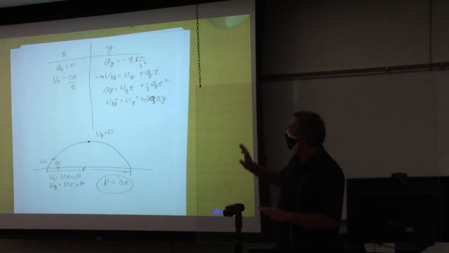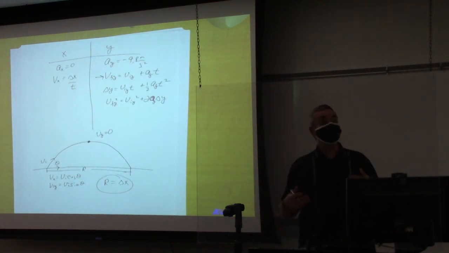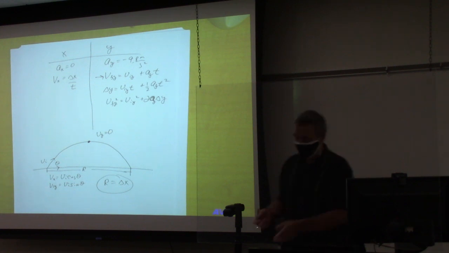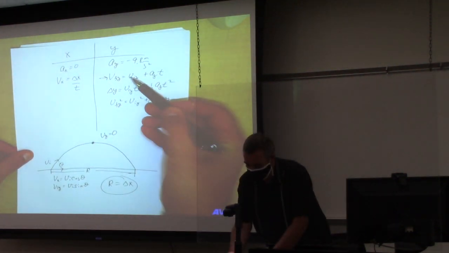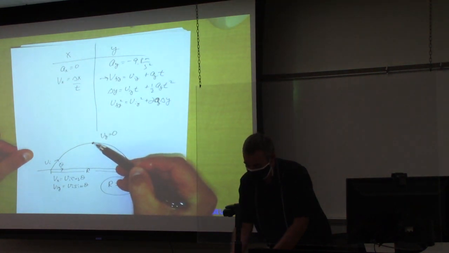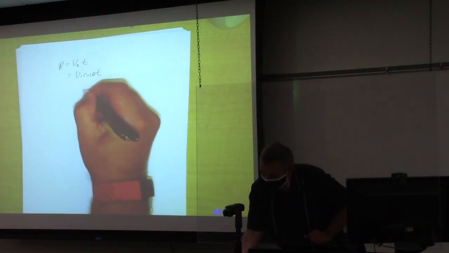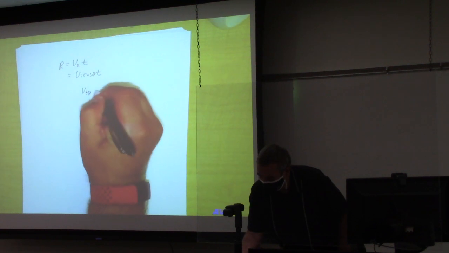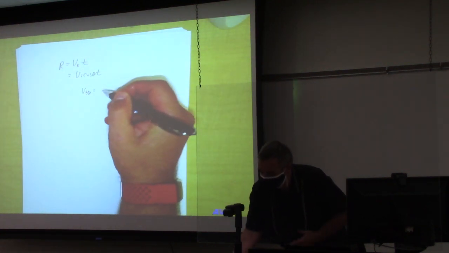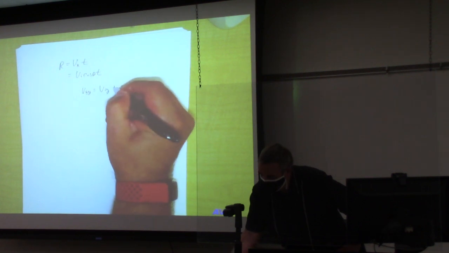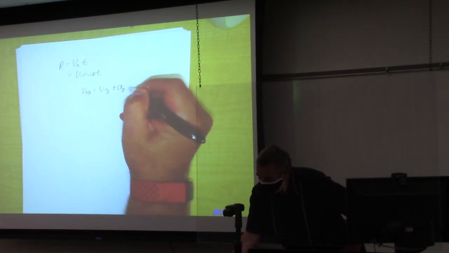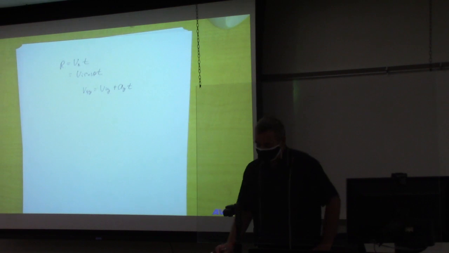You're not going to have to do what I'm doing now every time. I'm just showing you where this equation comes from that you'll be able to use. So I'm using this equation, and at the highest point, the velocity is 0. Okay, so highest point I'm looking at. Final velocity, I know it's 0, I just wrote it to be complete here. Initial velocity plus acceleration in the y times the time.